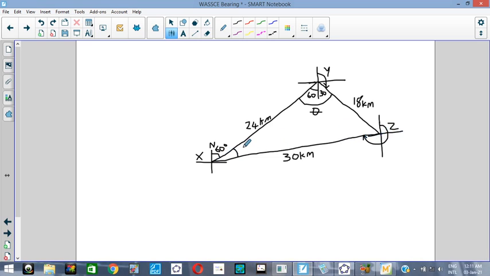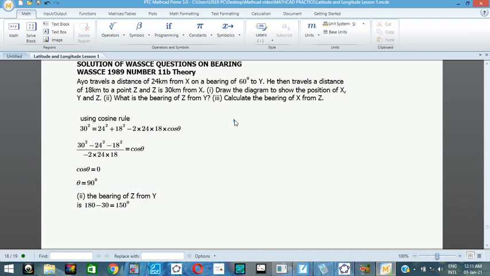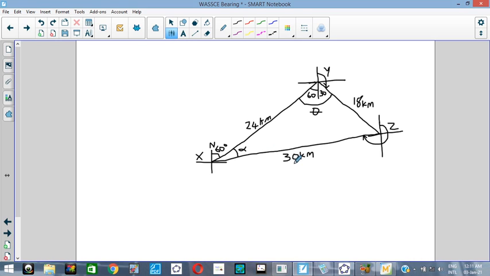So let's get this value here. Let me call it alpha. Then let's find this alpha. The same thing, I'm going to use the cosine rule. So 18 is facing this alpha, so I'll square 18 first. 18 square is going to be equals to 30 square plus 24 square, then minus 2 times 30 times 24 cos alpha.